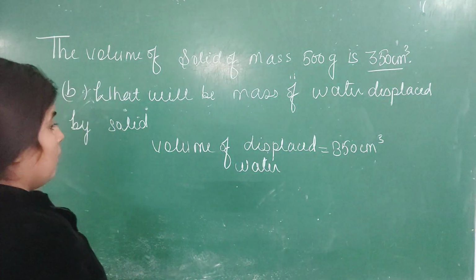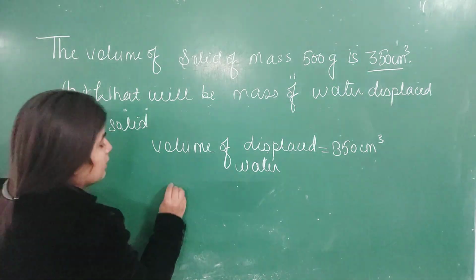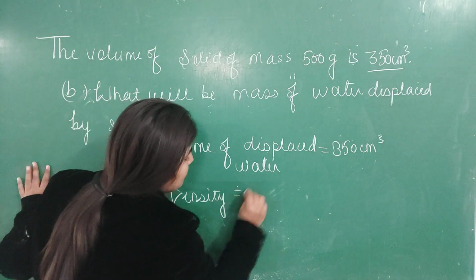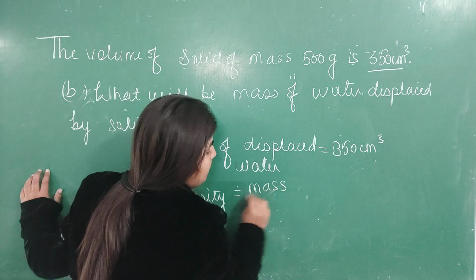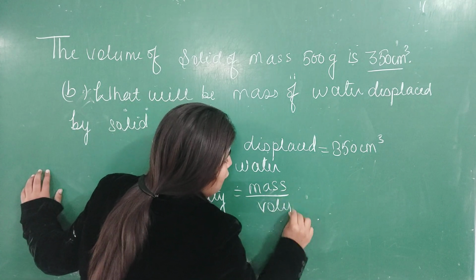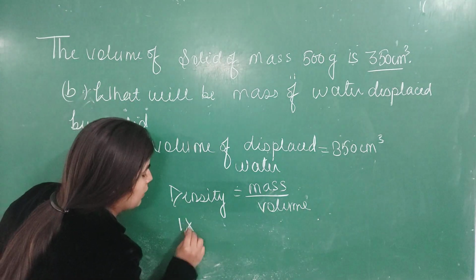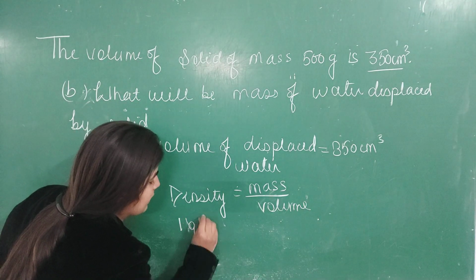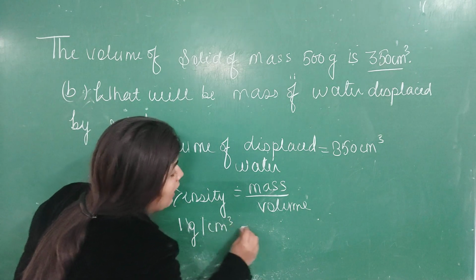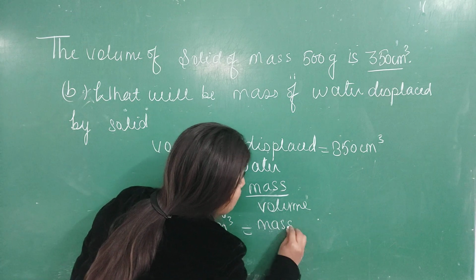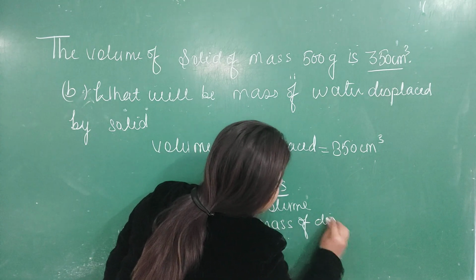Now we know that density is equal to mass upon volume. We know that the density of the water is 1 gram per centimeter cube. And what is the mass? We don't know the mass of the displaced water; we have to calculate it.